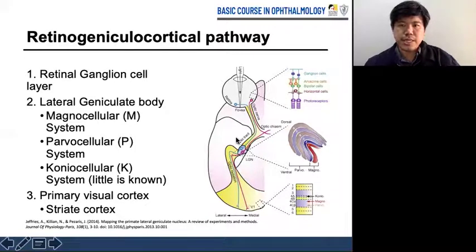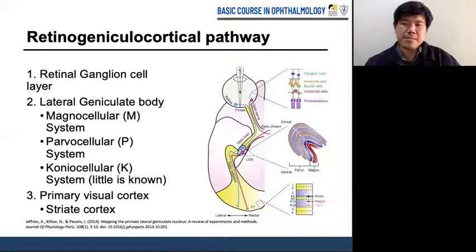The LGN is the principal thalamic visual nucleus linking the retina and the striate complex. It contains actually three cellular systems, which include the magnocellular, the parvocellular, and the koniocellular. These are the main neural systems in the pathway.